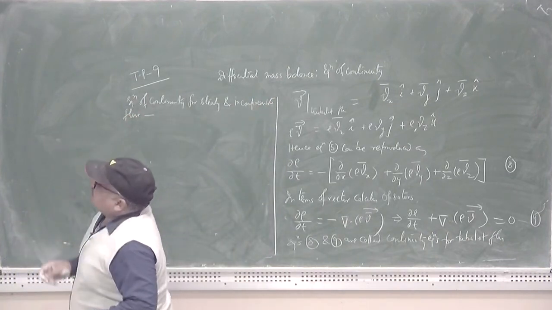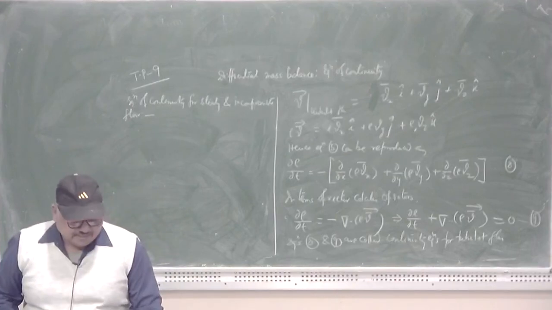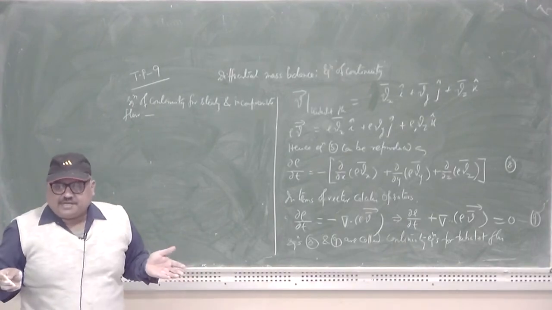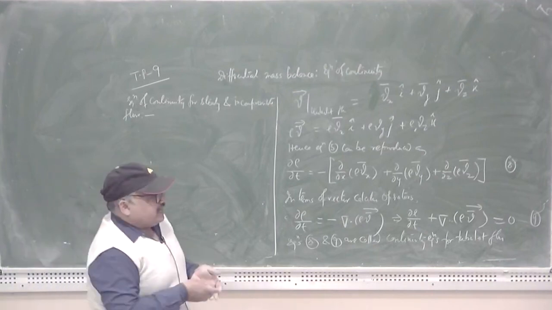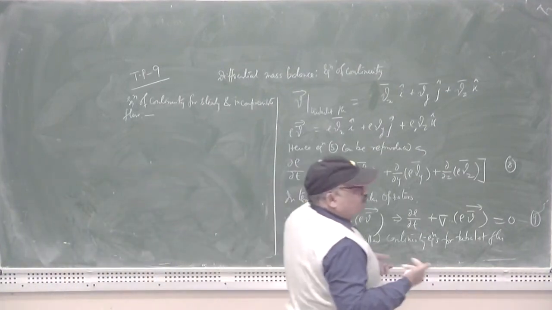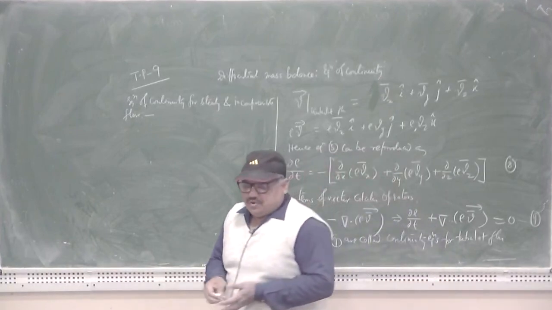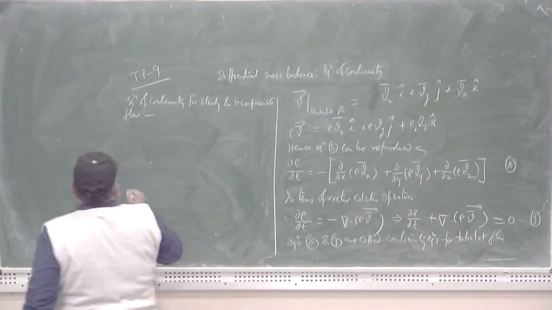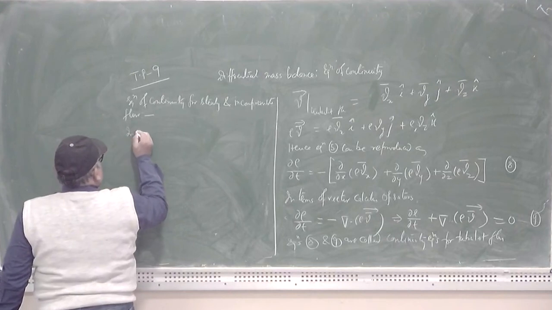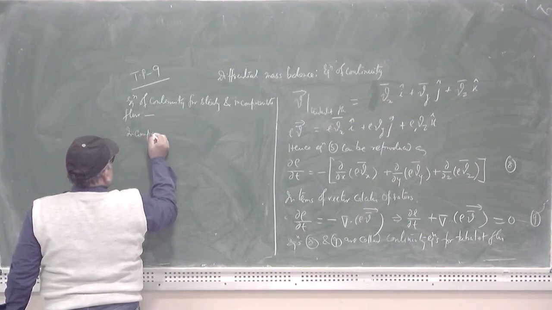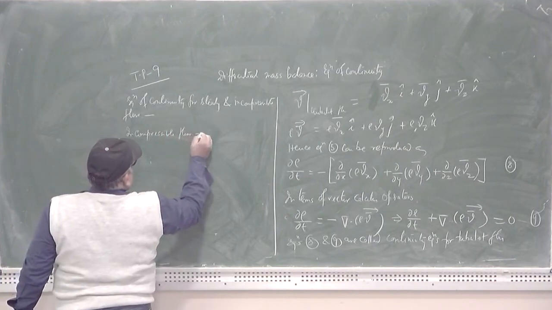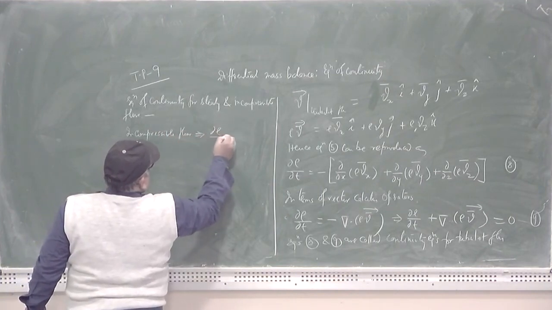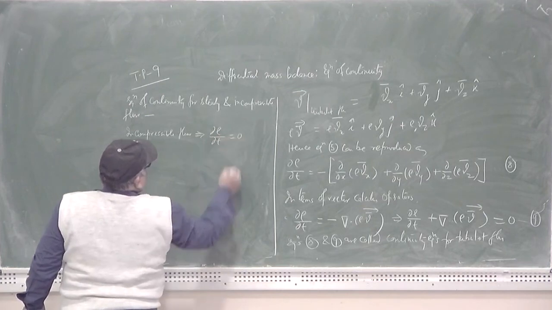The meaning of incompressible flow is that the density of the fluid does not change with respect to time. It means the partial derivative of the density with respect to t is equal to 0. Incompressible flow means this quantity del rho by del t is equal to 0.